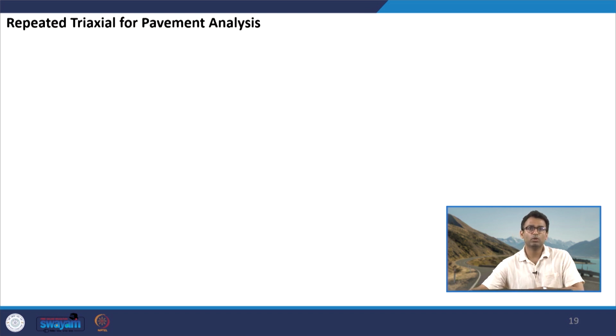If you remember, I was telling you just before we concluded the last class that the conventional triaxial test is usually conducted using a static mode of loading. In pavement engineering, we have dynamic loads applied on the pavement, and therefore it is more rational to consider the effect of repeated load to see the properties of soil or any other layers or material we deal with in pavement engineering.